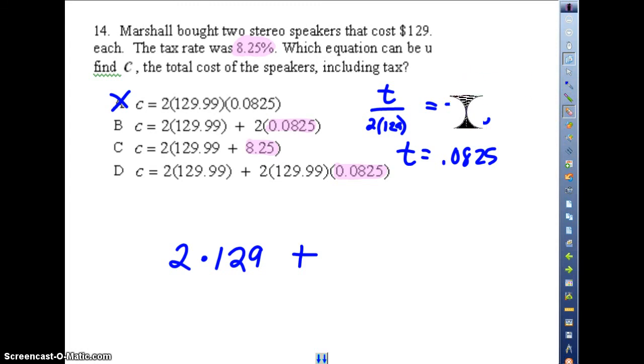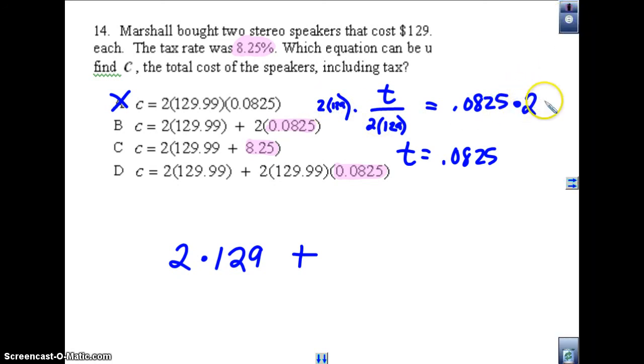Let me erase it. Let's call this 0.0825. All right, the fraction's gone, we turned it to decimal form. I want to get the tax amount by itself. How do I undo division by 2 groups of 129? Yeah, I'm going to multiply by 2 groups of 129. And what you do to one side, you must do to the other.